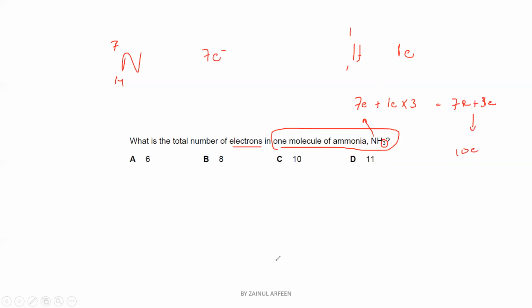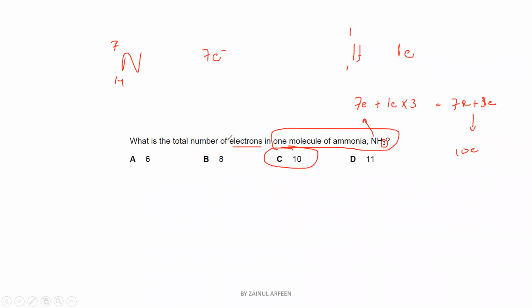So what will be the right answer? So C will be the right answer. Is it clear, this option? Because they're asking the total number of electrons in one molecule of ammonia. But sometimes they change the question.